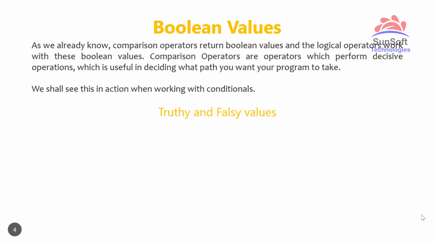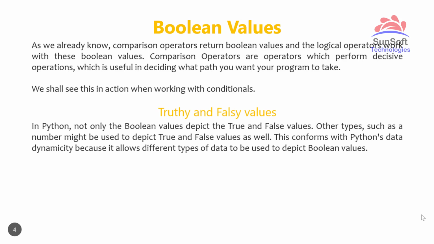Python works with Boolean values, but Boolean values can also be determined from a value of any other data type as well. What this means is that in Python, not only the Boolean values depict true and false, other types such as a number might be used to depict true and false values as well.